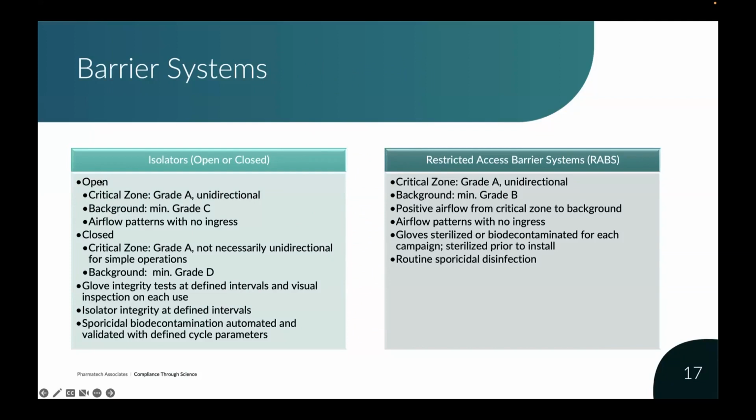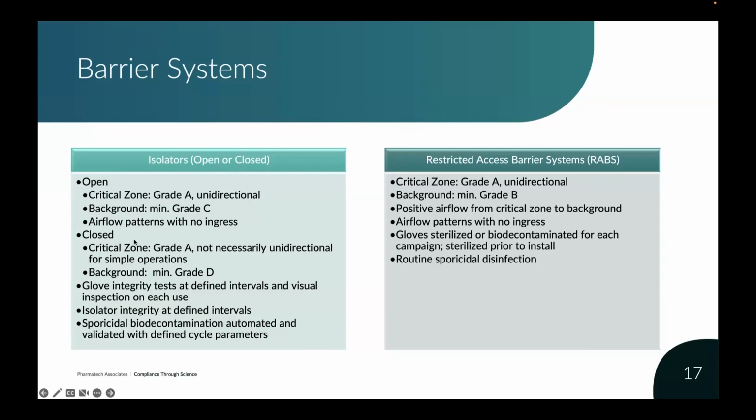So Annex 1 makes it clear that an open isolator, that's an isolator that shares air with the surrounding room, obviously is grade A, unidirectional within that isolator, its critical zone, but its background has to be a minimum grade C, and you have to show through airflow patterns that there is a communication between air in an open isolator. You have to show that those airflow patterns do not ingress, obviously, into the critical zone.